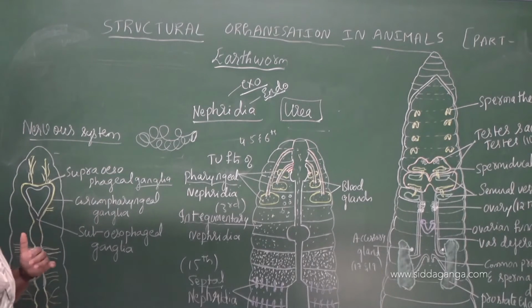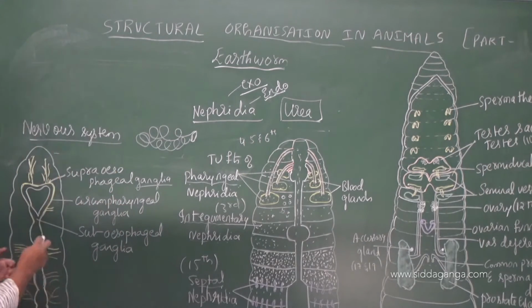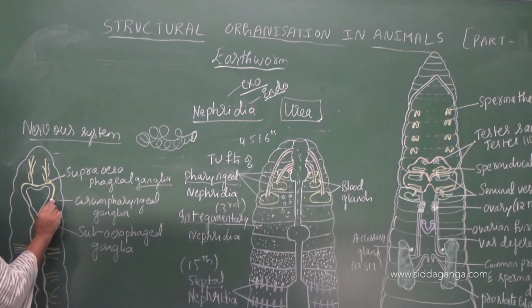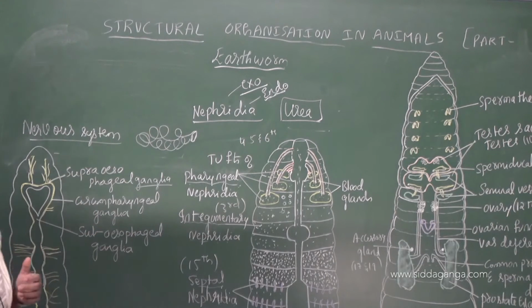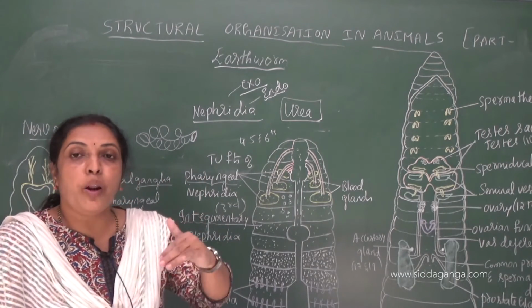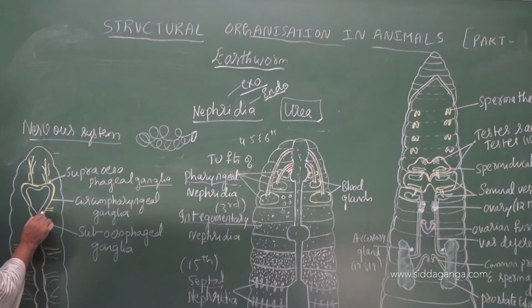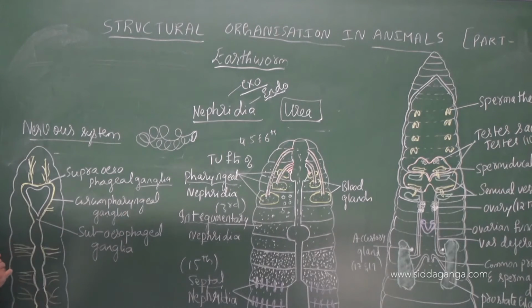Subesophageal ganglia split near the 3rd and 4th segment, and it splits and covers the pharynx and forms a ring-like structure called circumpharyngeal ganglia. Sub means below the esophagus, supra means above the esophagus. So this splits and covers the esophagus, forming circumpharyngeal ganglia or nerve ring.